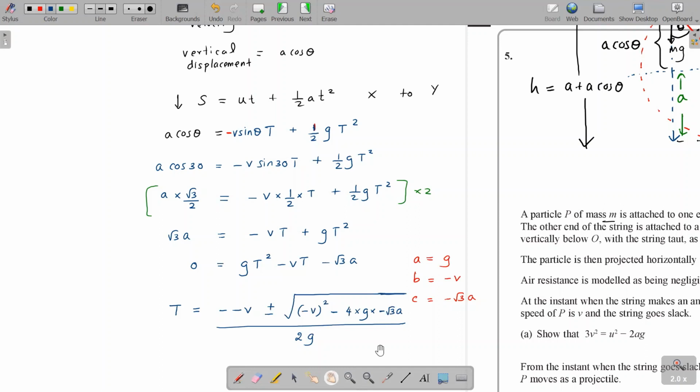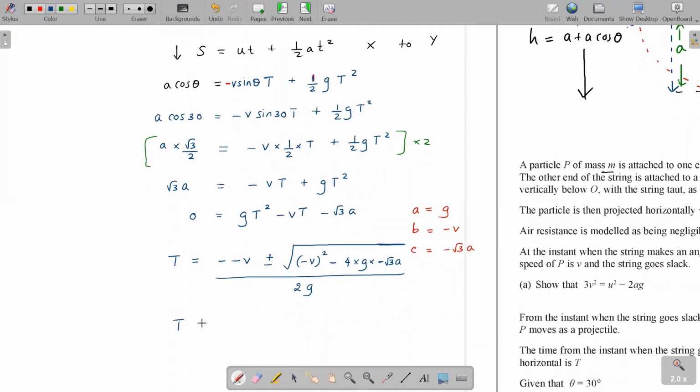Are you with me? So T equals minus minus v is plus v, plus or minus square root of v square plus 4 root 3 g a, divided by 2g. You get something like this. Can you see?